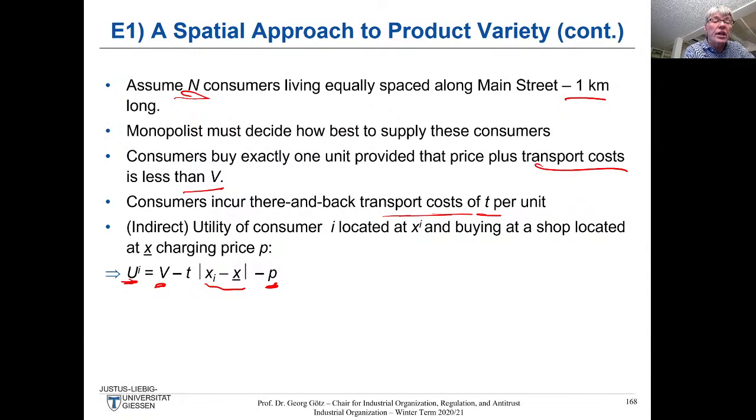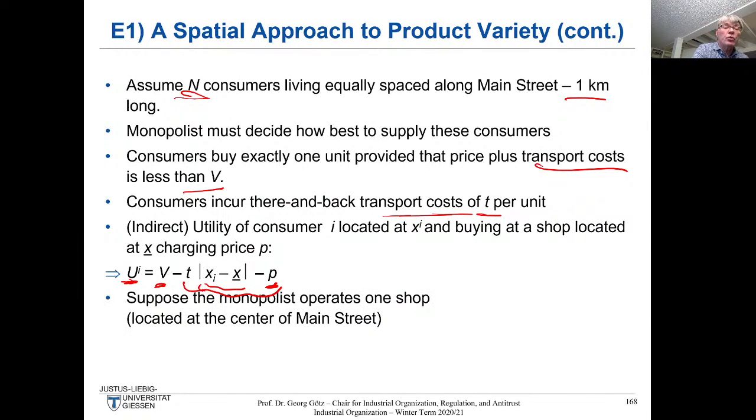If you're located at some location x_i, and the shop is located at x-bar, only the difference matters. Therefore, we use these absolute value signs here. So it's the reservation price minus the price plus transportation cost.